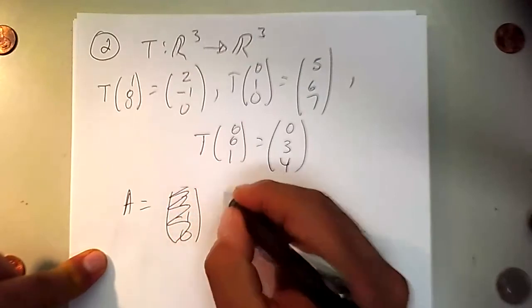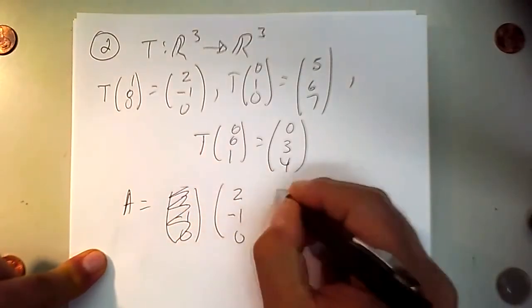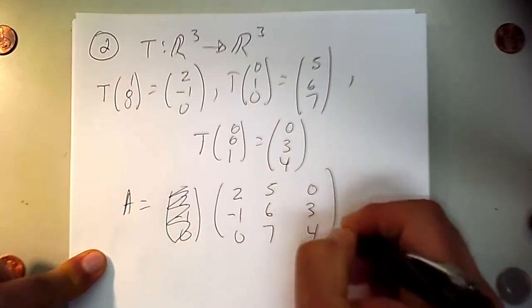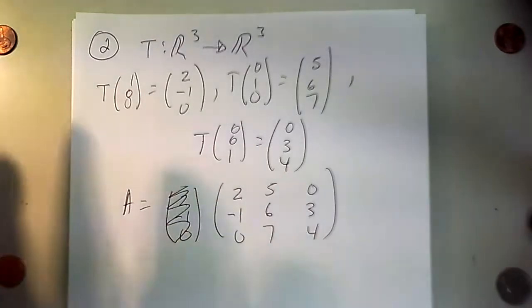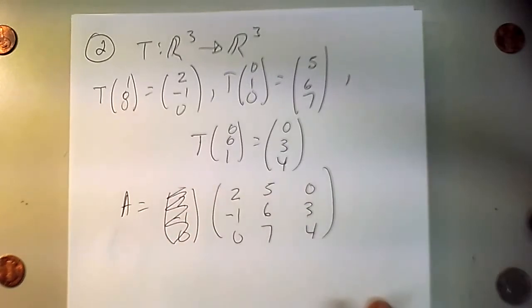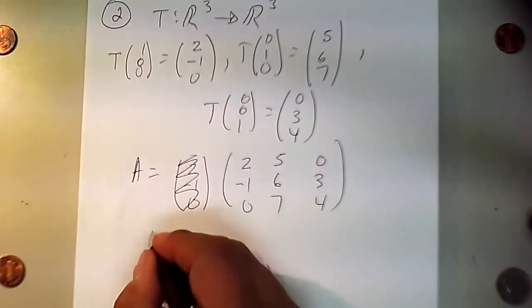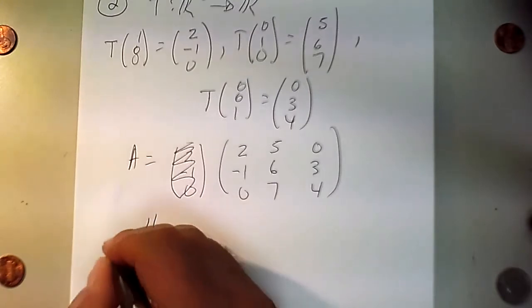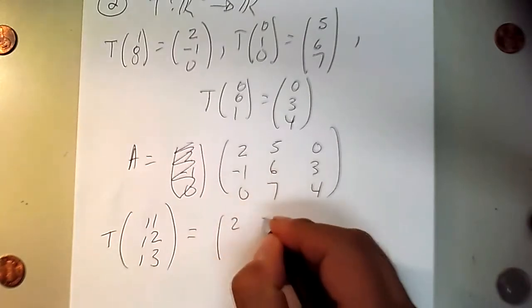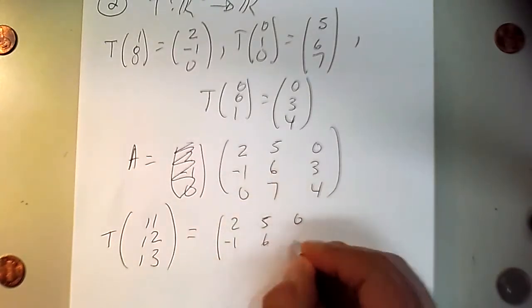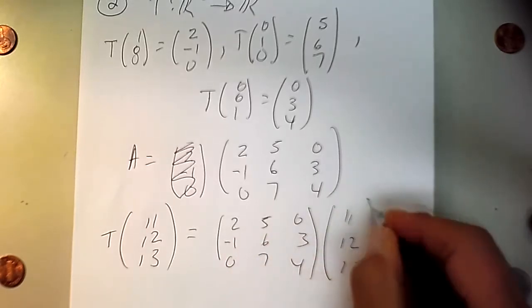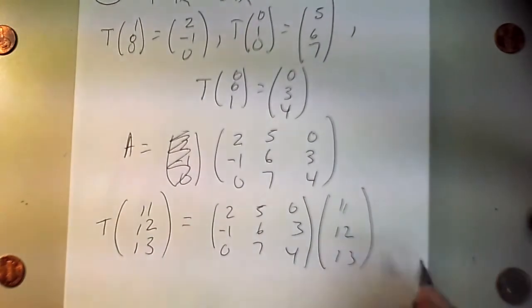Oops, I didn't mean that. I meant 2, -1, 0, 5, 6, 7, 0, 3, 4. There we go. So if you want to map absolutely any vector, say 11, 12, 13, all you have to do is multiply this matrix 2, 5, 0, -1, 6, 3, 0, 7, 4 by 11, 12, 13, and then we're going to end up with the answer, whatever that is.